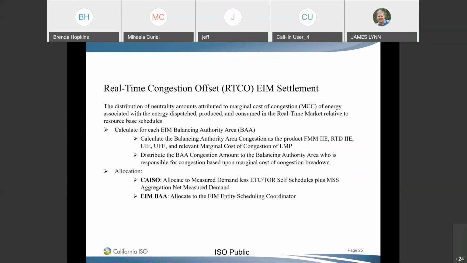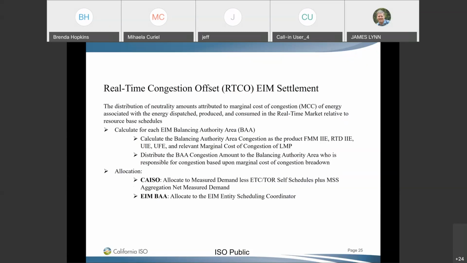So I'm now going to take every megawatt associated with that particular node, and I'm going to multiply it by that breakdown, because that tells me how much of your neutrality belongs in that other balancing authority area. They are the one I'm going to either have to collect it from or pay back to. So we do this for every resource and every nodal location.